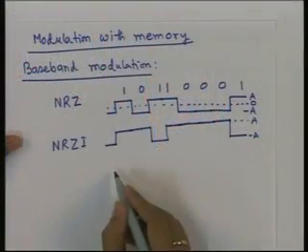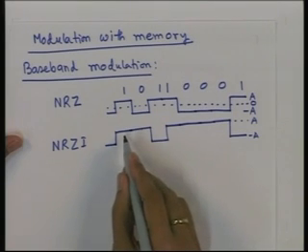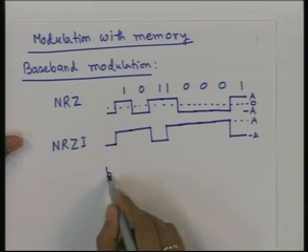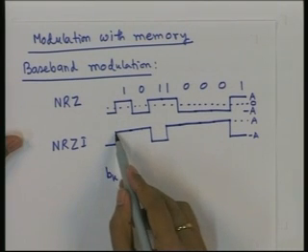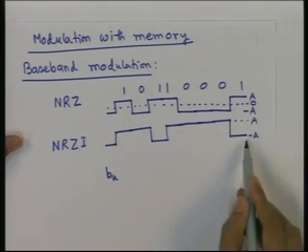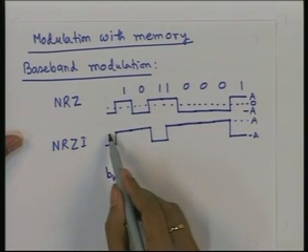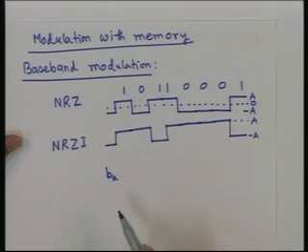This encoding can also be expressed in this fashion, that the present voltage level, let us call it Bk. Suppose, instead of plus A and minus A, we assume this level to be 1 and this level 0.